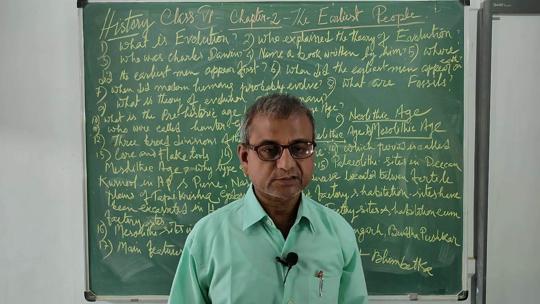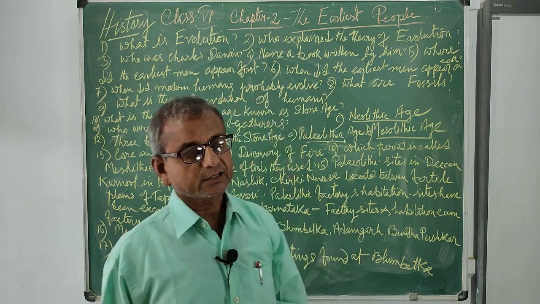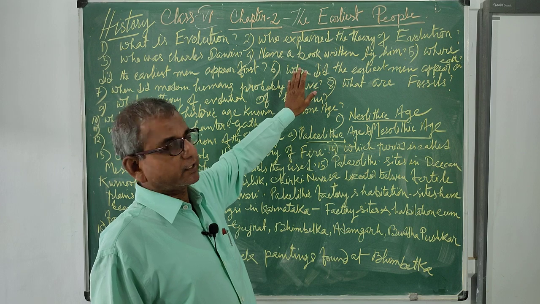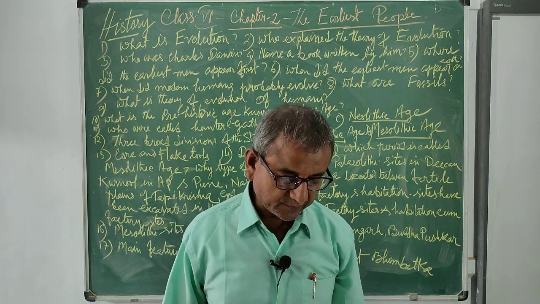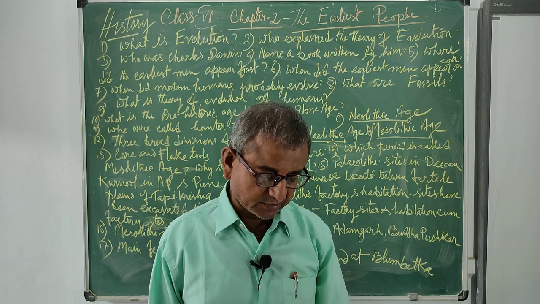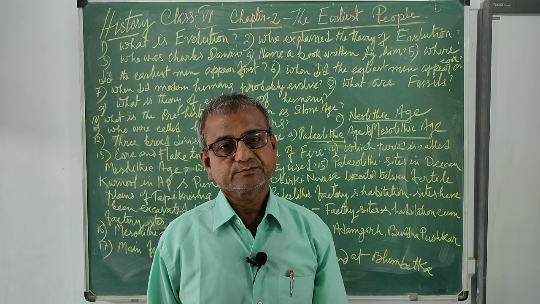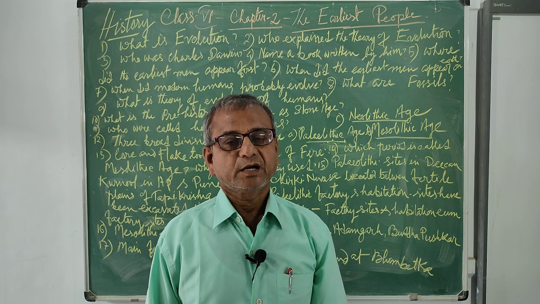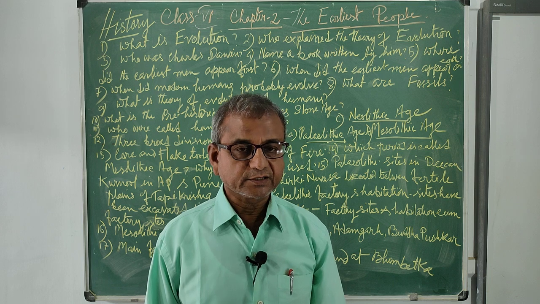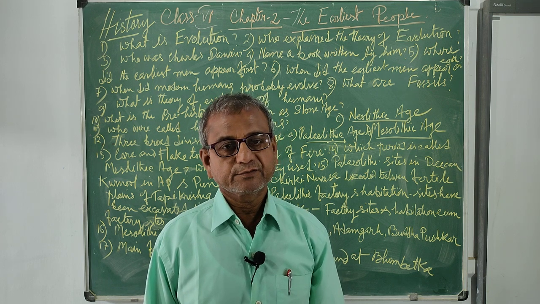In this context, I would like to give you some information. We have already learned that man appeared on earth first in Africa. After Africa, I may mention the name of Java man in Indonesia or Southeast Asia, Peking man in China, and also Neanderthal man in Germany, Cro-Magnon man in France.